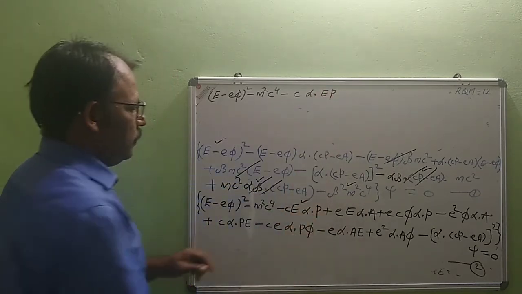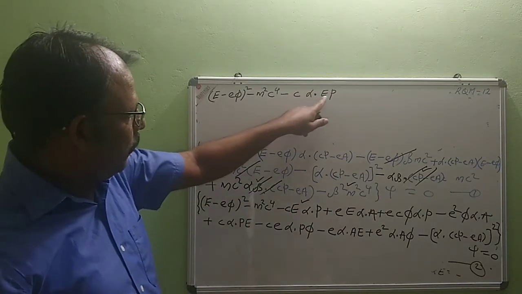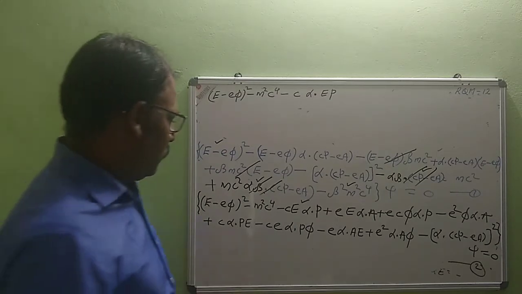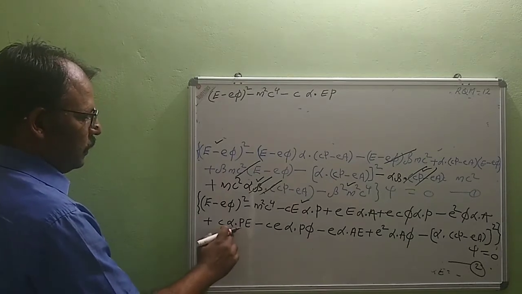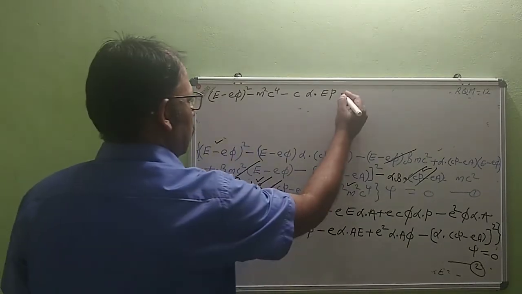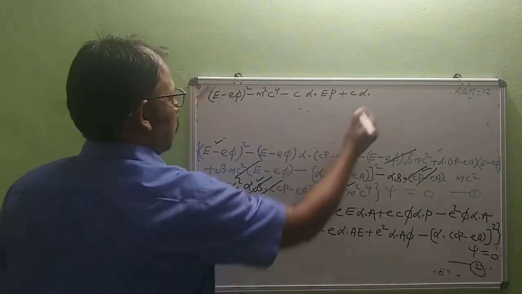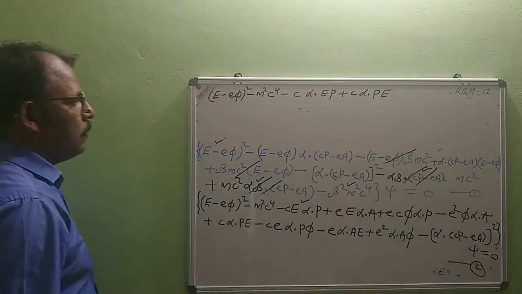Another term containing E and P is plus C alpha dot PE.